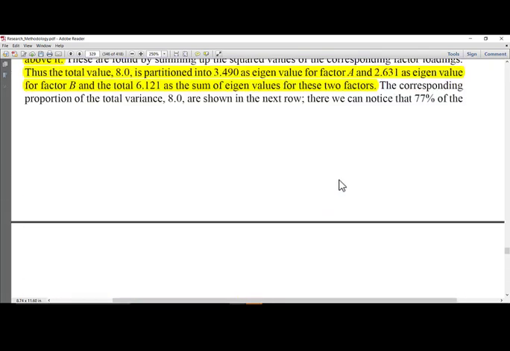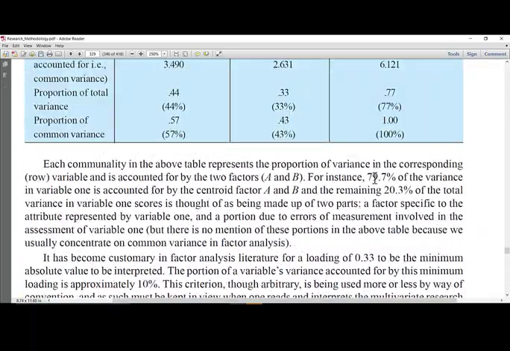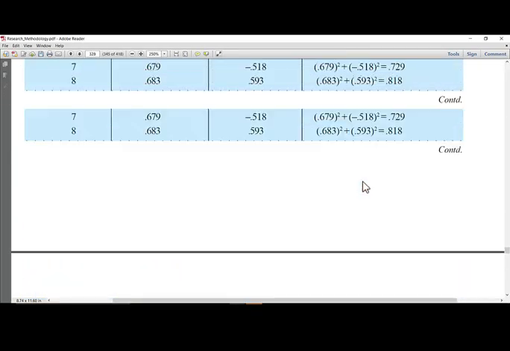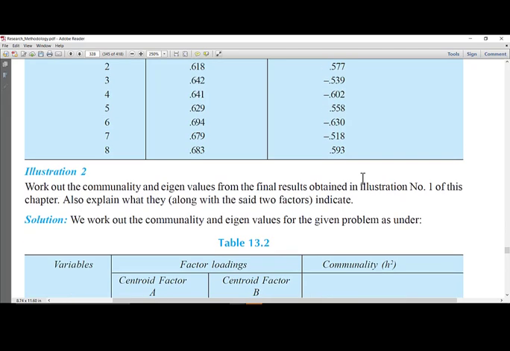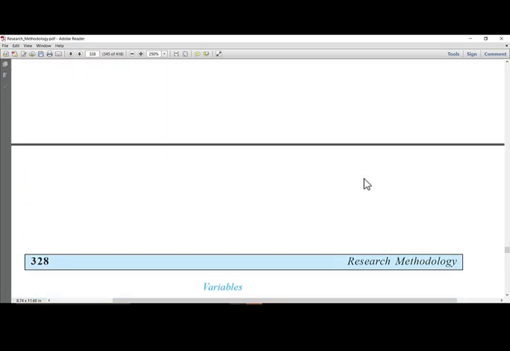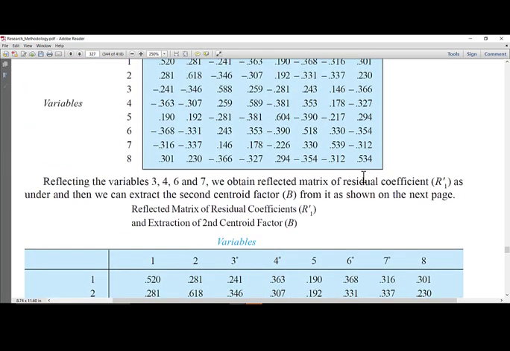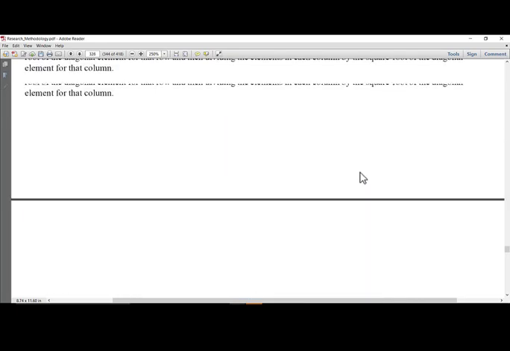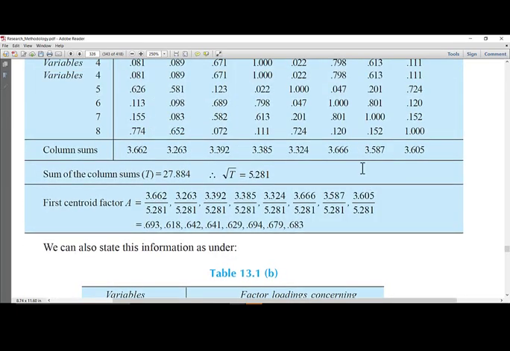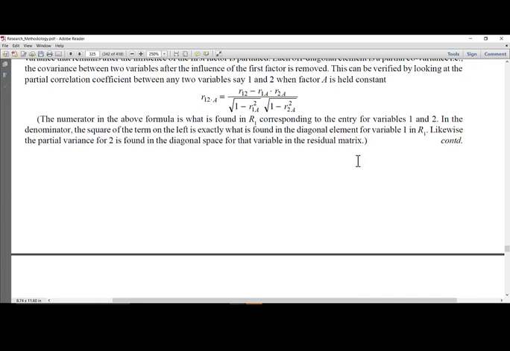So after explaining how illustration 1 and illustration 2 are described, now if I show you the steps, then you will understand more easily.